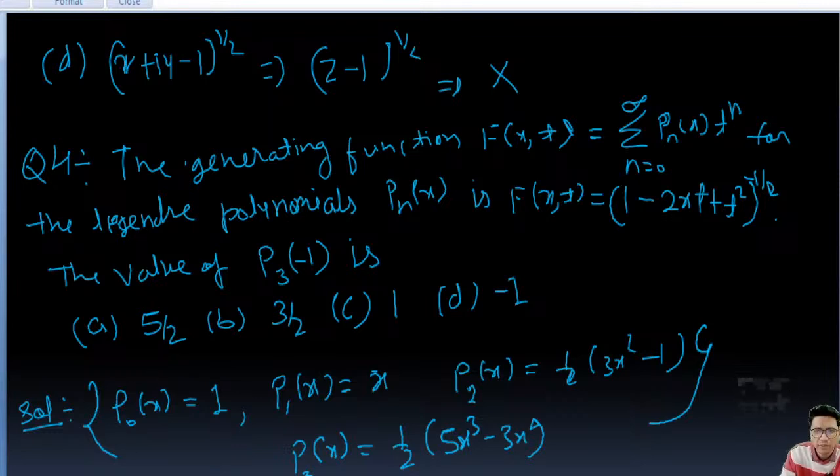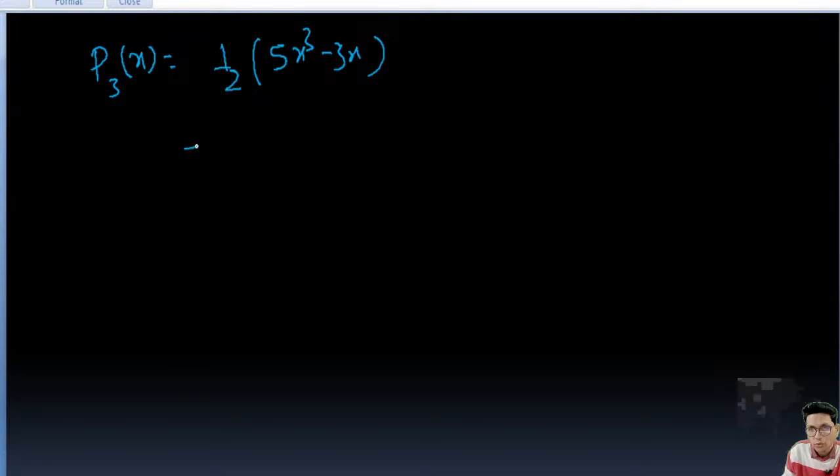So now we can easily find out this value, right? Because we know P3(x) is 1 by 2 into (5x cube minus 3x). Now we'll replace x by minus 1 because we need to find P3(minus 1), right?